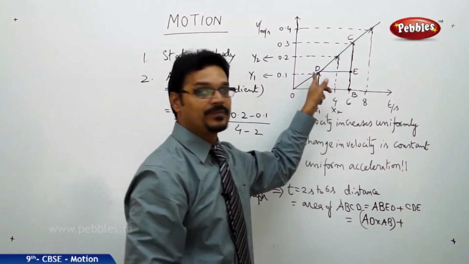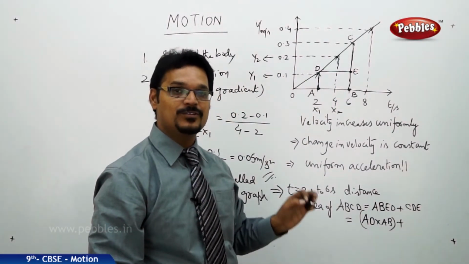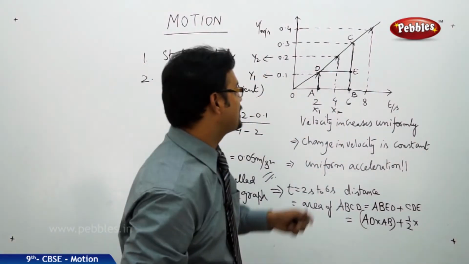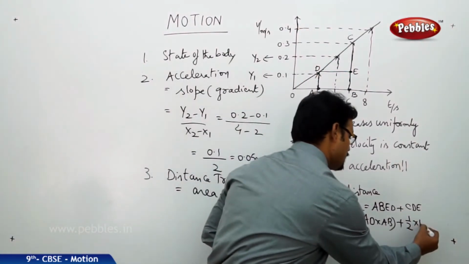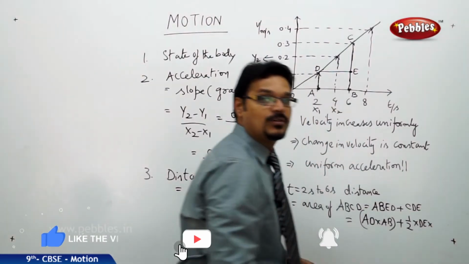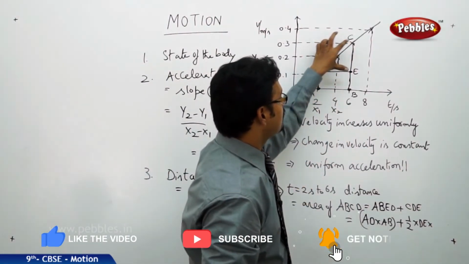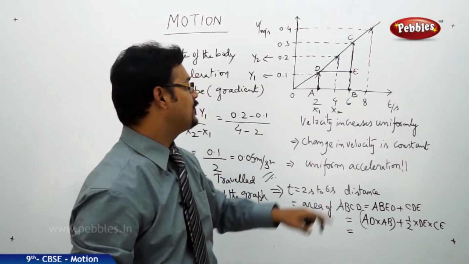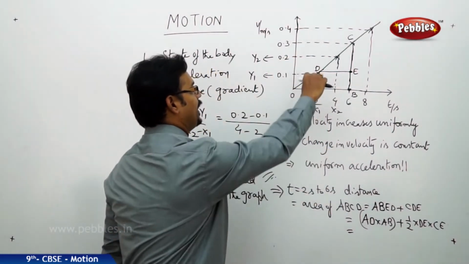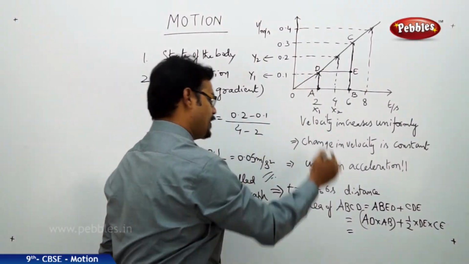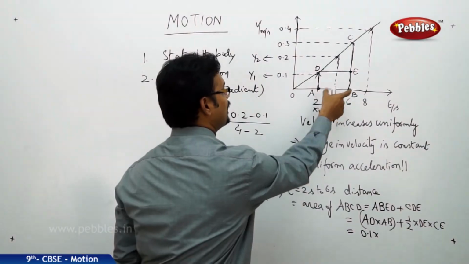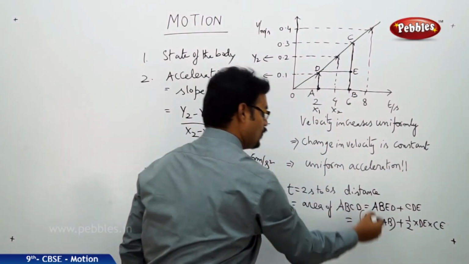And triangle, what is the area of the triangle? Half into base into height. So half into base. DE is the base into height. This is the height, CE. Now quickly substitute the values. AD value, so this is the AD value, 0.1 into AB, 6 minus 2, 4, guys.